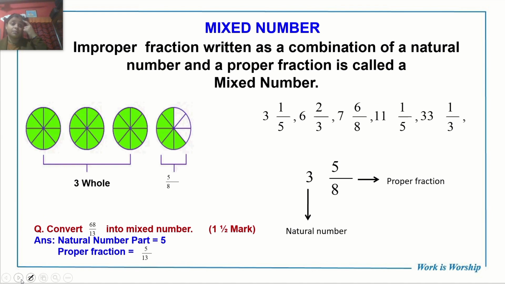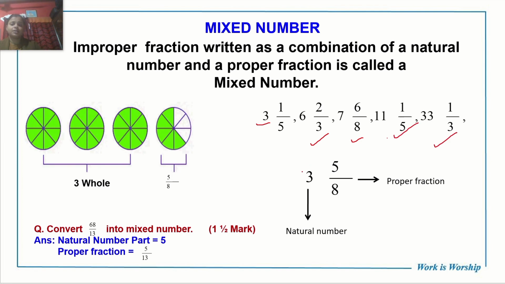Now, mixed numbers means it is a combination of a natural number and a proper fraction, called a mixed number. Like 3 whole 1 by 5, 6 whole 2 by 3, 7 whole 6 by 8, 11 whole 1 by 5, and 33 whole 1 by 3.